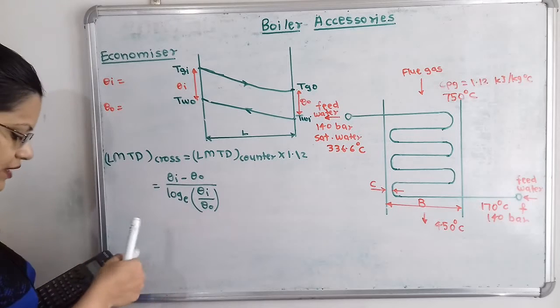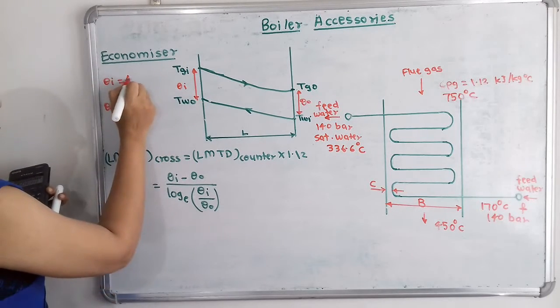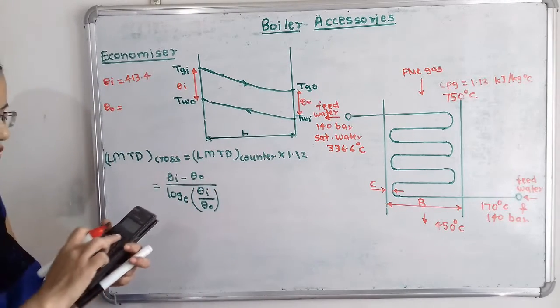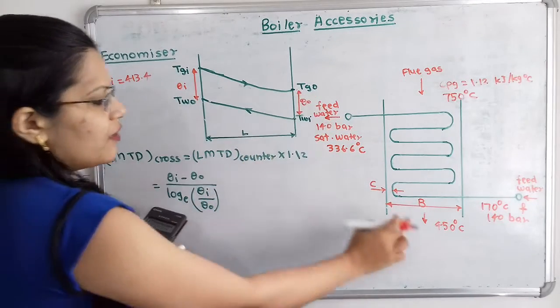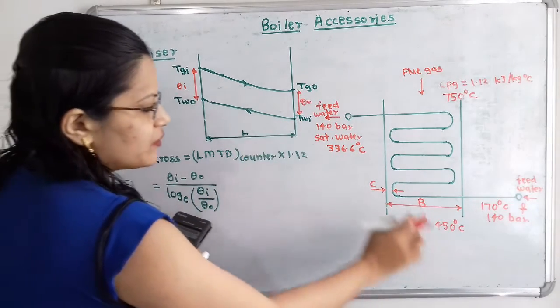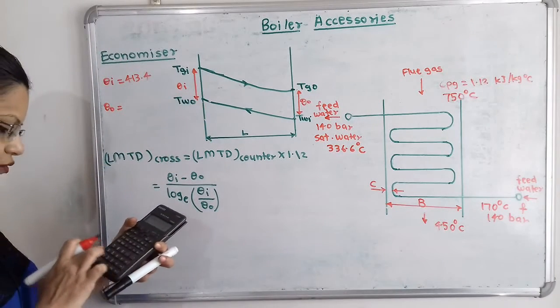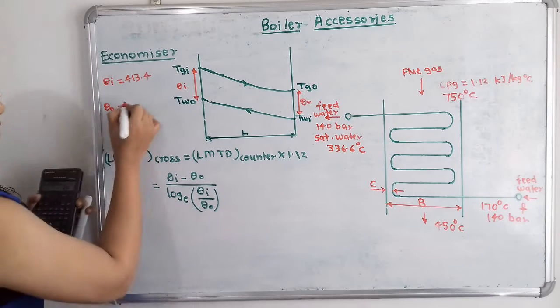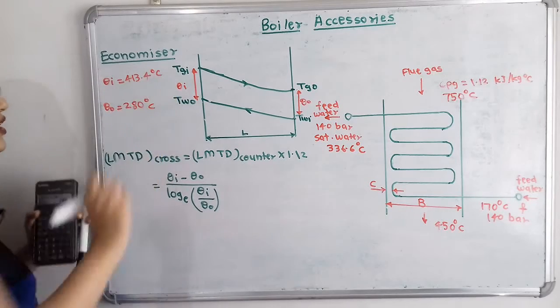So we get 413.4 degrees Celsius. Now we will calculate theta O. Theta O is the difference between the outlet flue gas temperature and the inlet feed water temperature. That is 450 minus 170, which is 280 degrees Celsius.